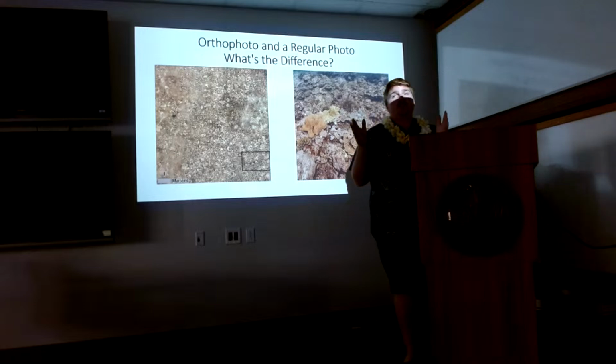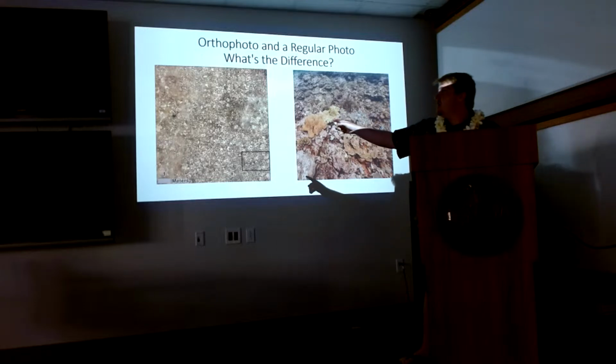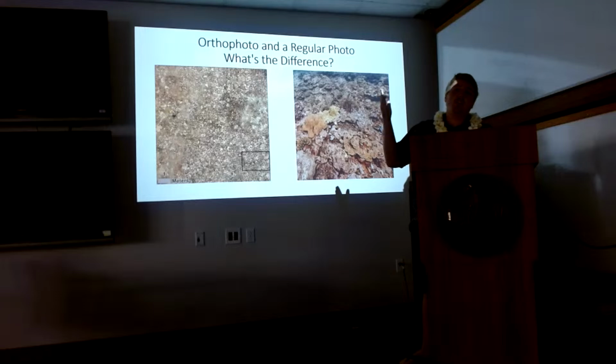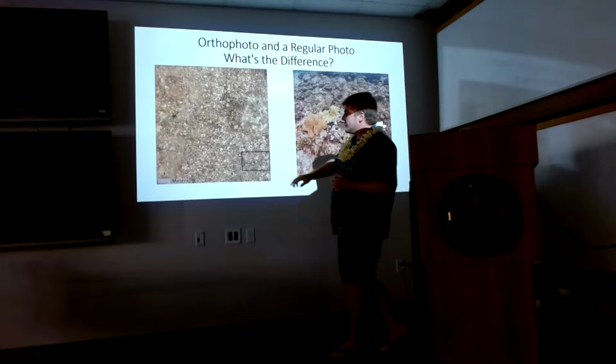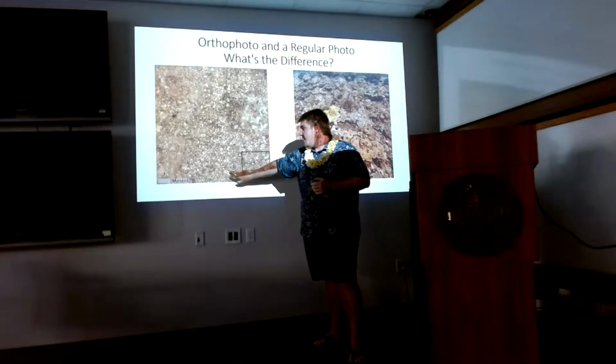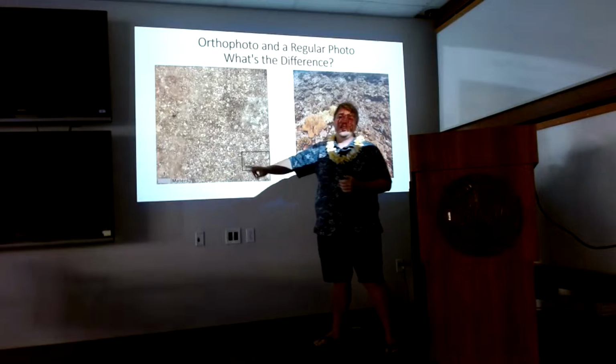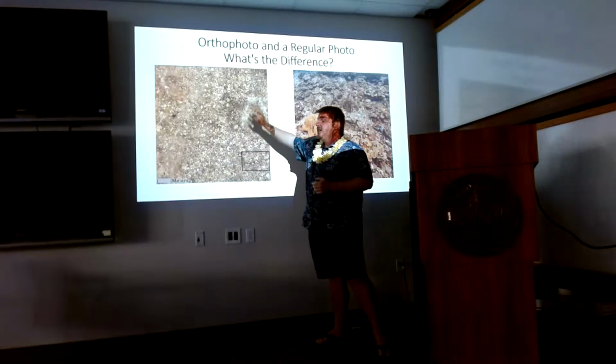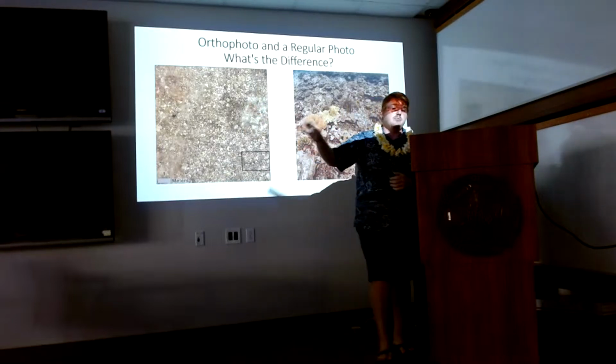That's because we're looking at a 2D image of a 3D space. When we're looking at an orthophoto, we're looking at a 2D image that was put into a 3D model and then geo-rectified back into a 2D space. So we're able to look at any one of the corals on this map and say, I want to measure this coral, and I want to have the same spatial scale as the corals on the other side of the map and have those be comparable.